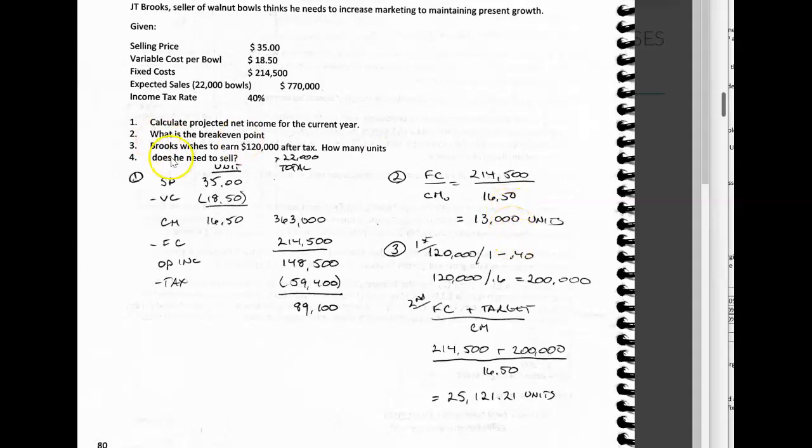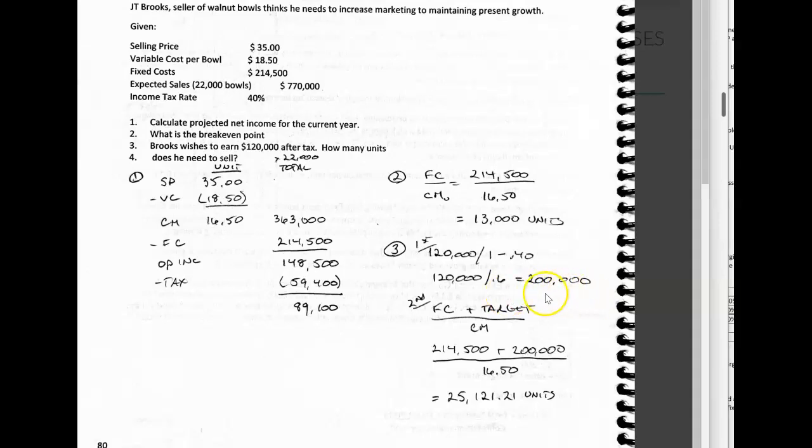And then for the third one, Brooks wishes to earn $120,000 after tax. How many units does he need to sell? The first thing you're going to do is take that $120,000 divided by 1 minus the tax rate. The tax rate's pretty high, so that's 120 divided by 0.6.